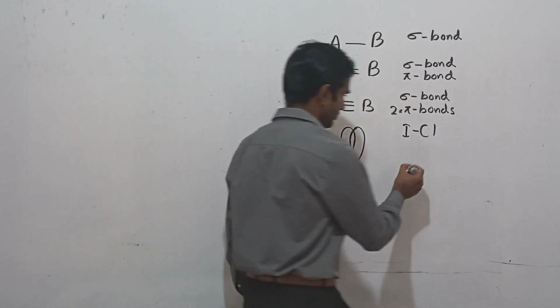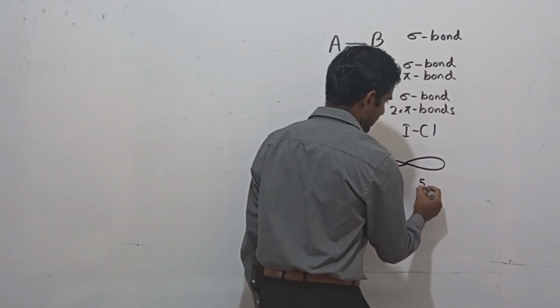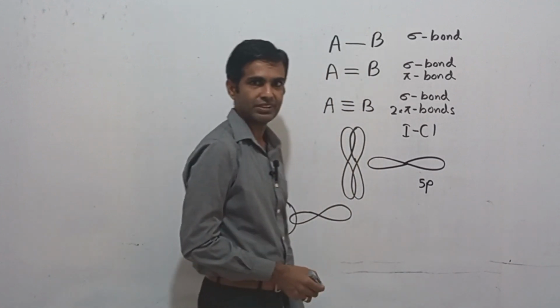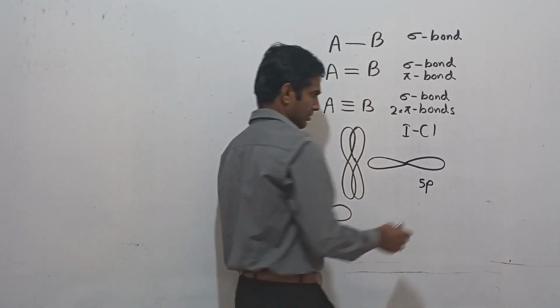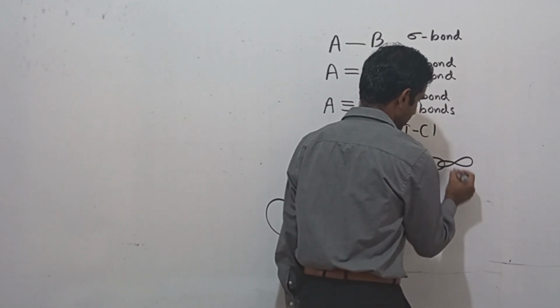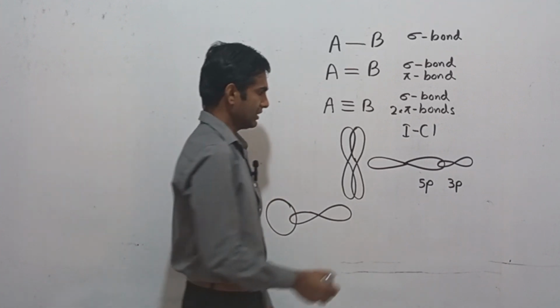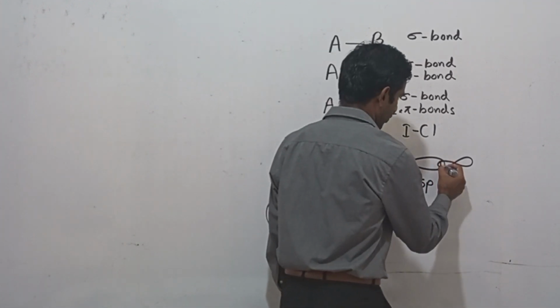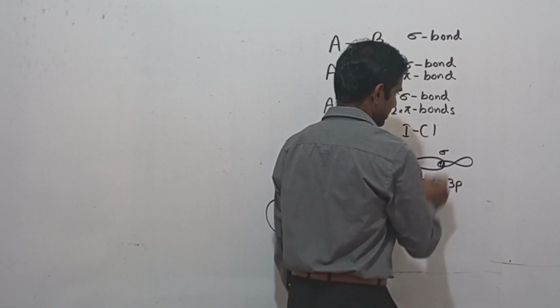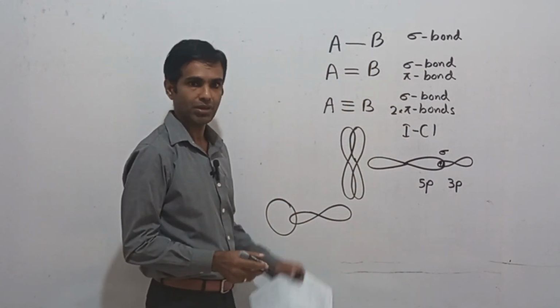It is 5p orbital. Then what about the chlorine atom? Unpaired electrons are in 3p orbital. Then these two orbitals overlap with each other linearly. Therefore, the bond is a sigma bond.